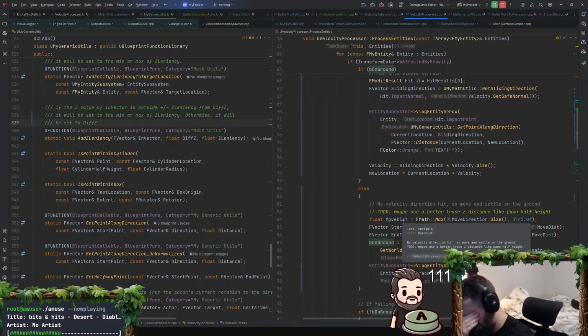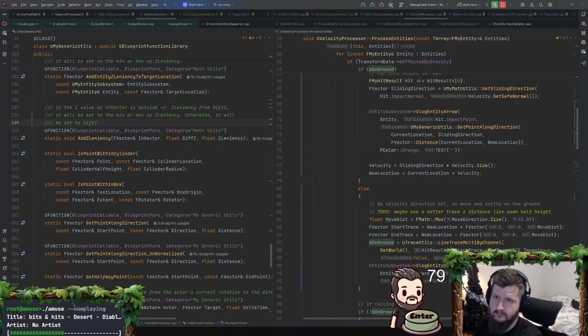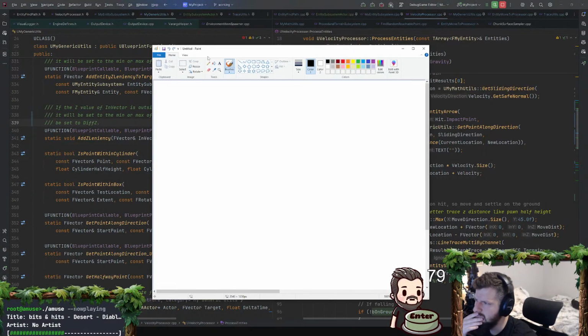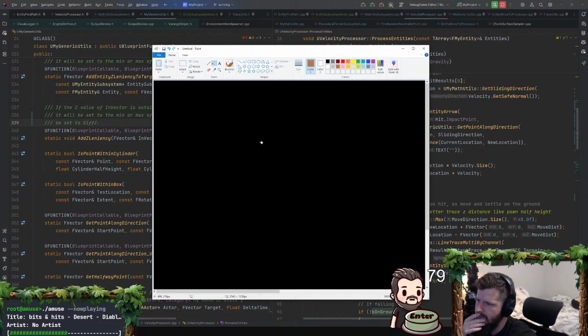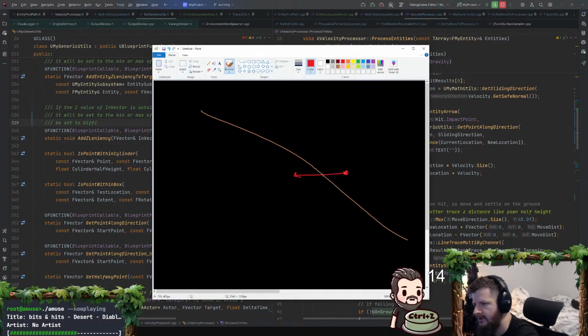So let me paint this out. Okay, so we have some terrain. Red is where I'm at currently. I'm moving in that direction. We get the hit there. We get a hit there.